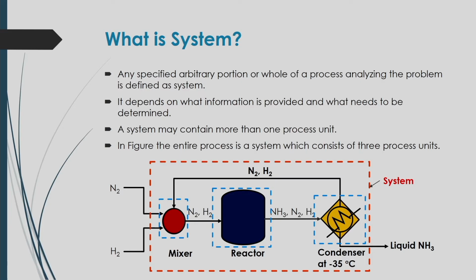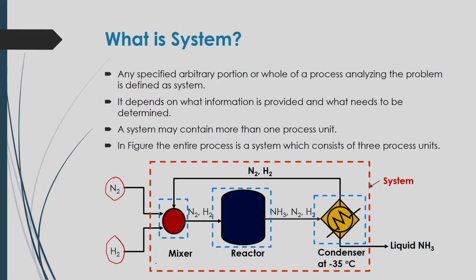Nitrogen and hydrogen will be passed through a mixer, and then through a reactor, and after reaction ammonia will be formed along with unreacted nitrogen and hydrogen. This outlet stream of the reactor, the mixture of ammonia, nitrogen and hydrogen, will be passed through a condenser, so that ammonia will be condensed at minus 35 degree centigrade, and then you get liquid ammonia.